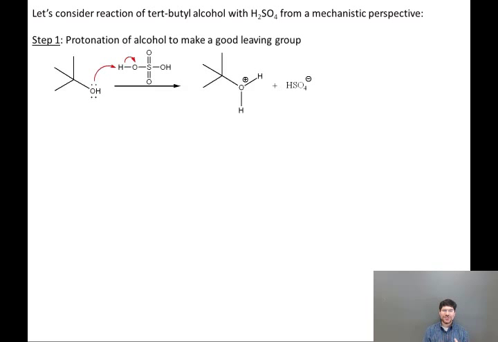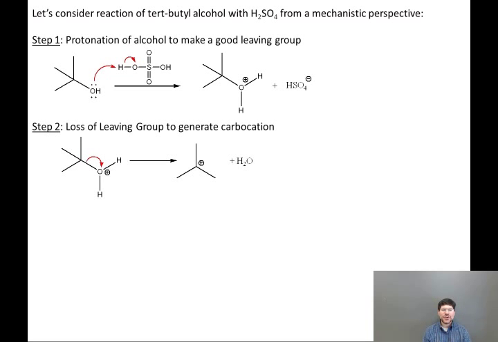Okay, so let's consider the reaction of tert-butyl alcohol with sulfuric acid from a mechanistic perspective. I'm not going to give you the product yet. We're just going to take the starting material, react these 2 together, and start working our way through the mechanism. Step 1 is going to be protonation of the alcohol to make a good leaving group.